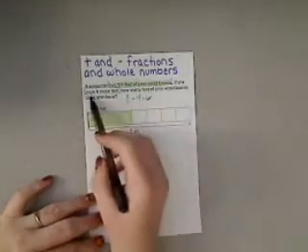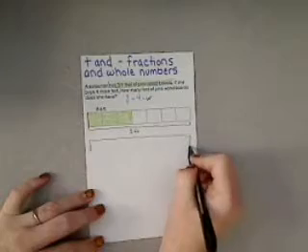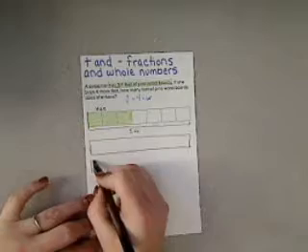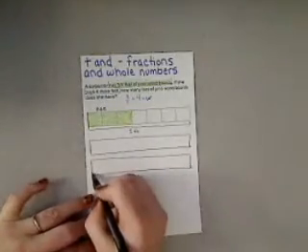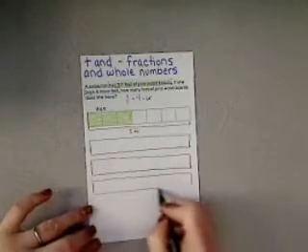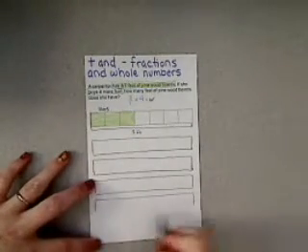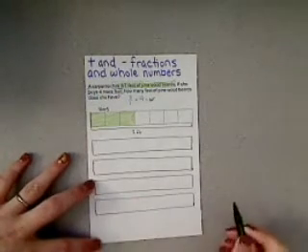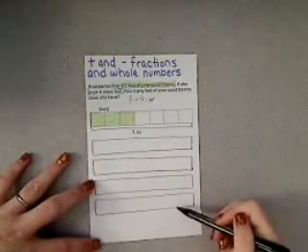Okay, so now she buys 4 more feet. So I can draw 4 more bars that are roughly the same length. So there's 1, 2, 3, and 4. So if that equals 1 foot, she buys 4 more.